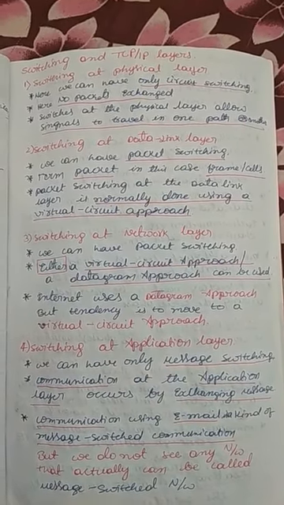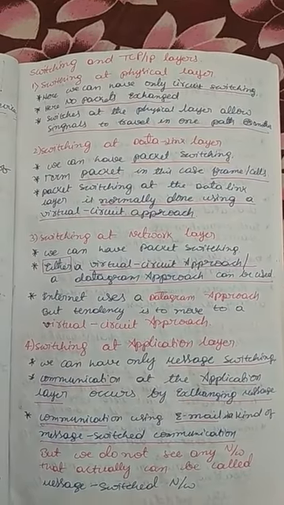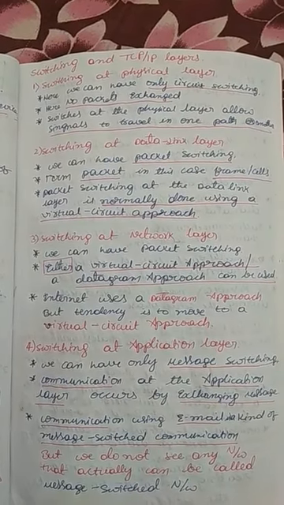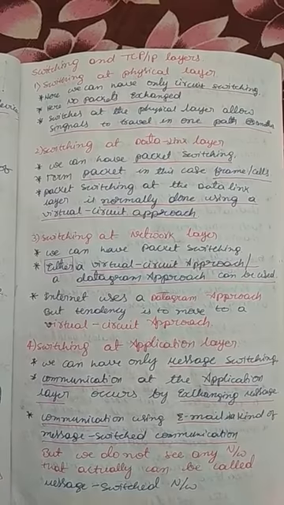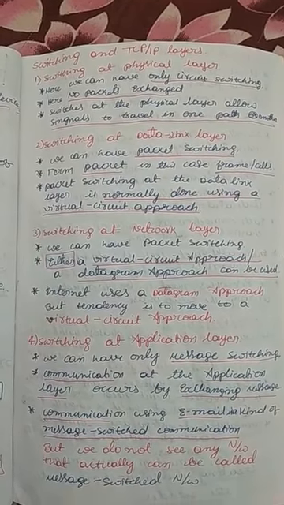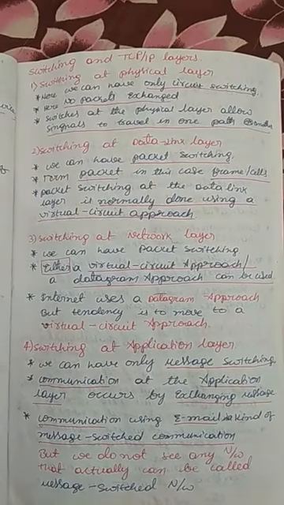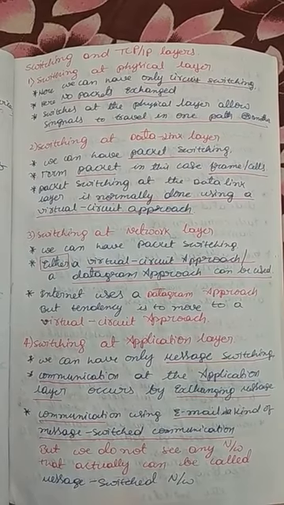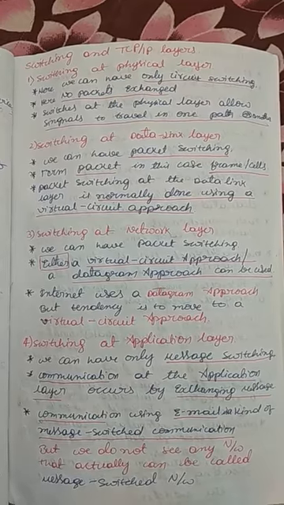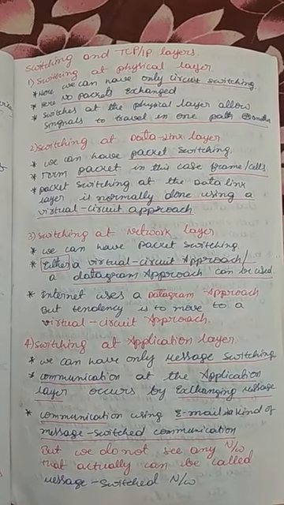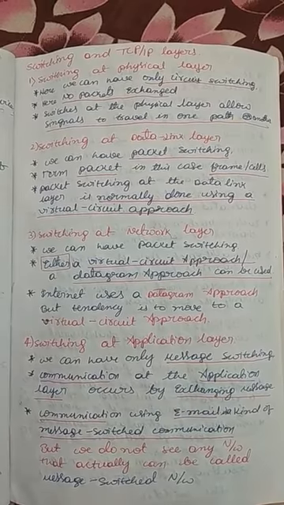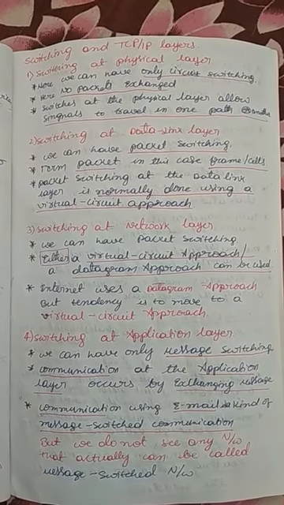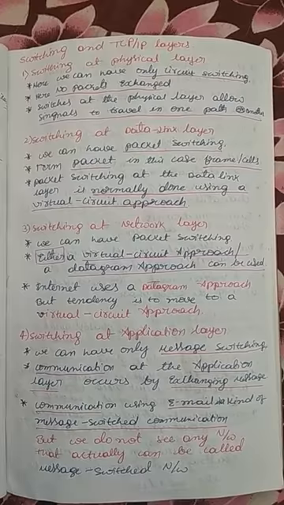We discussed in the first module that there are 5 layers in TCP/IP: physical layer, data link layer, network layer, transport layer and application layer. In switching with the TCP/IP layers, we are going to consider only 4 layers: switching at the physical layer, data link layer, network layer, and application layer.